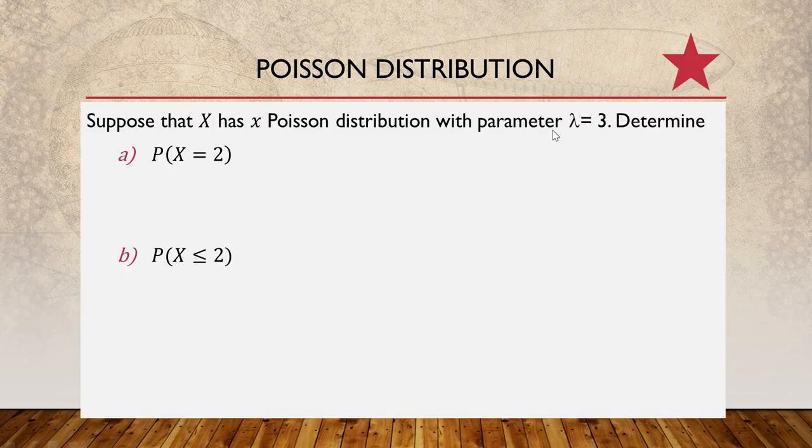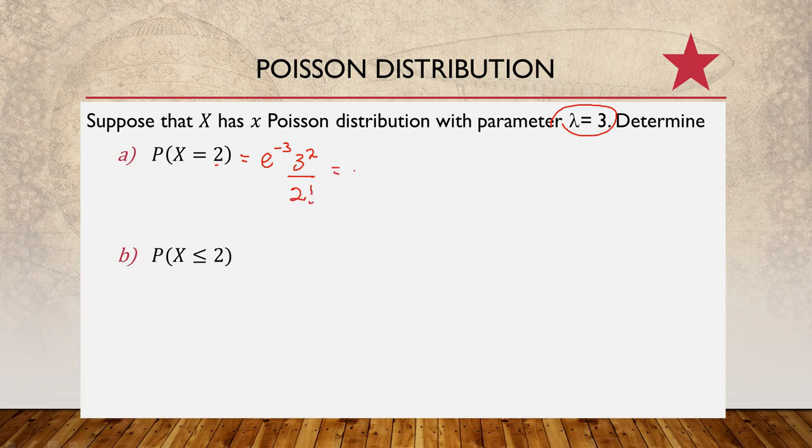Let's see how to find the probability when the parameter lambda is equal to 3. We want to find the probability using the formula. We know that x is 2 and lambda is 3, so e power negative lambda, lambda power x over x factorial.